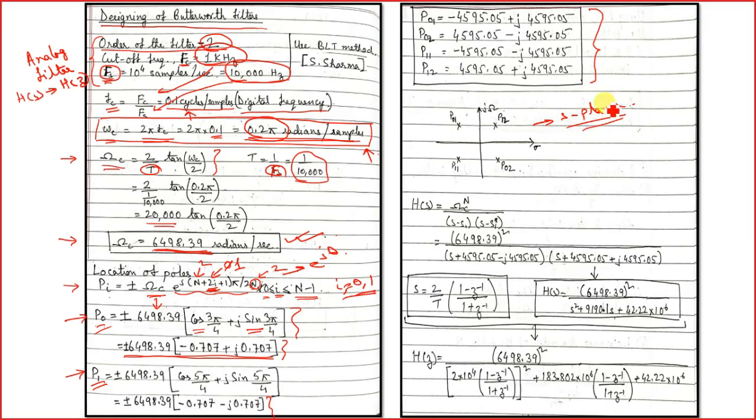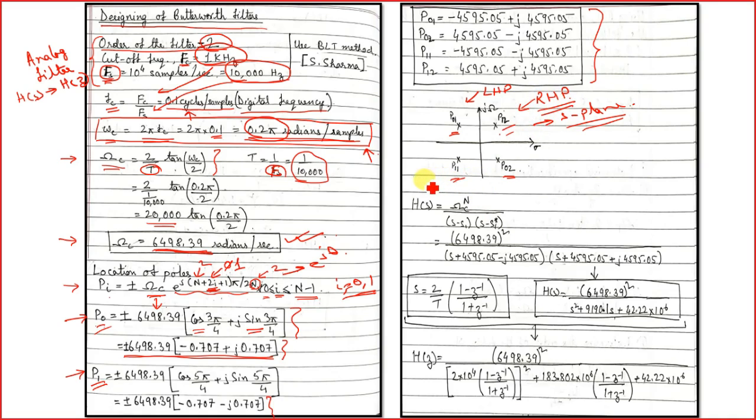So we will put the values in this S-plane. Okay. Now in this case, what we will get? We are getting, see, P01, P02, P11, P12. So we have got 4 poles. 2 of them are in the left hand plane and 2 of them are in the right hand plane.